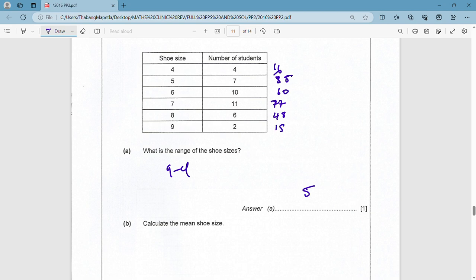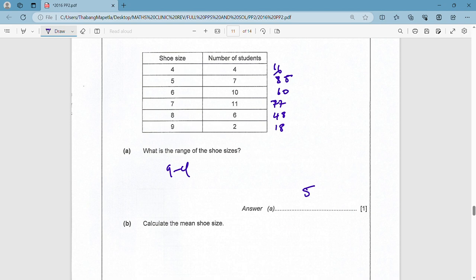You can simply add all these numbers, then divide by their number. So adding them all, it's 18 plus 48 plus 77 plus 60 plus 35 plus 16.